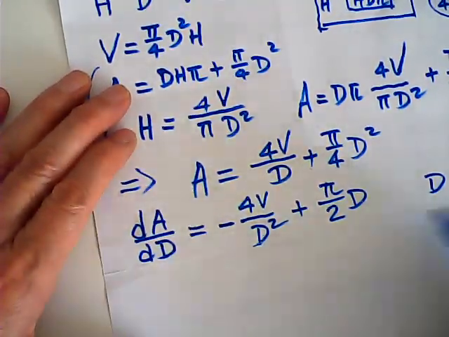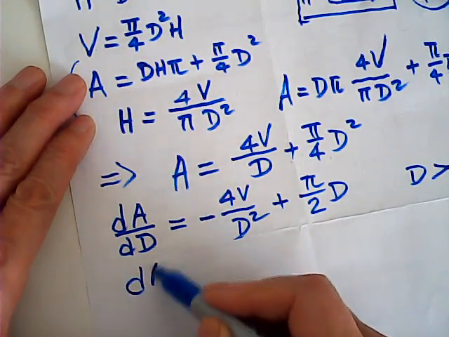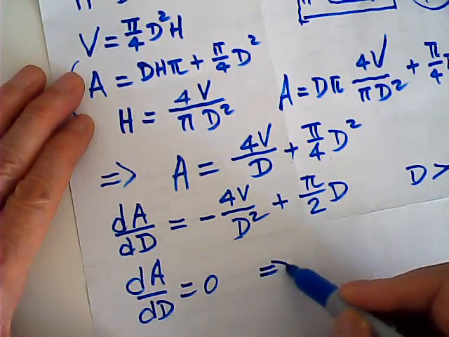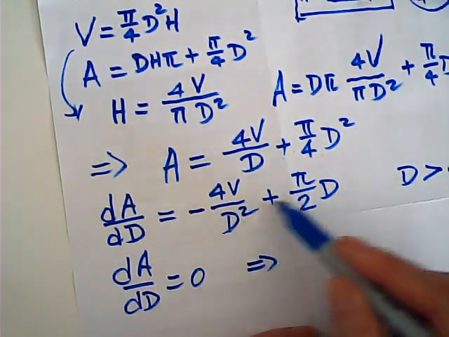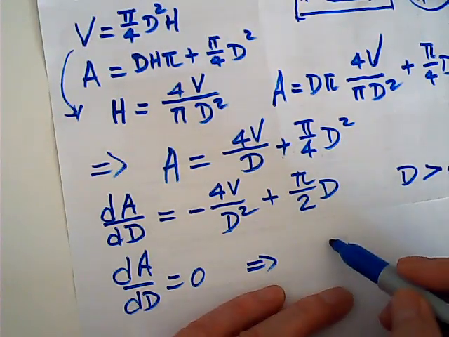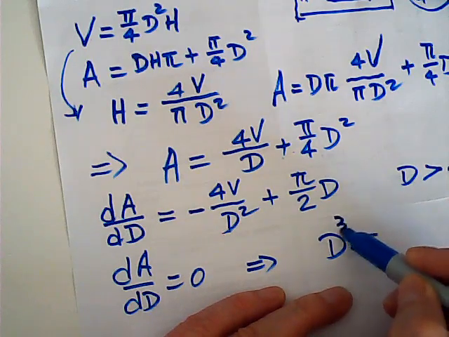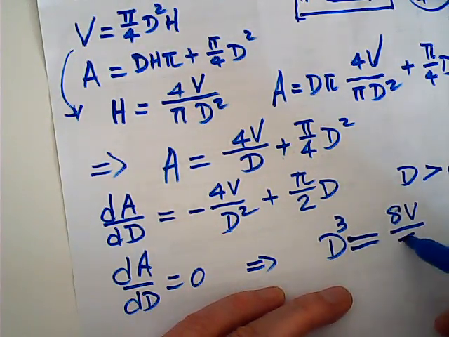So finally, if dA/dd is equal to 0, that means from this equal to 0, we have d cube is 8v over pi.